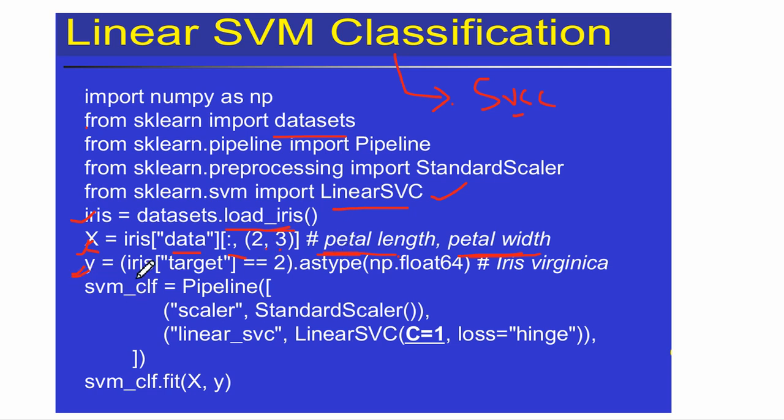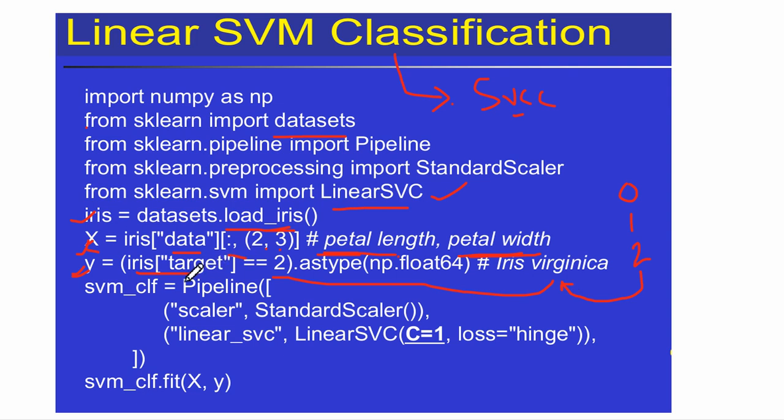To the y, we are maintaining the target variable. The target variable in the iris dataset contains three types of classes: 0, 1, 2. The value 2 corresponds to the class called Virginica.